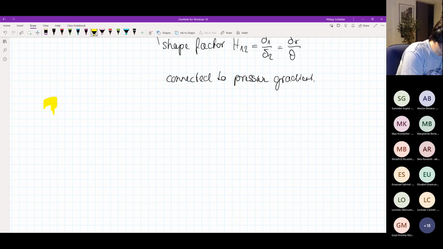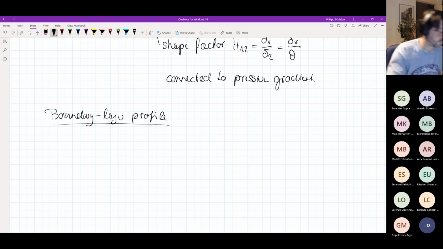So I would say that the chapter would now be the boundary layer profile. How do we calculate that? Well, before we think about that, let's write down what we actually know. What are the equations that are relevant to us?